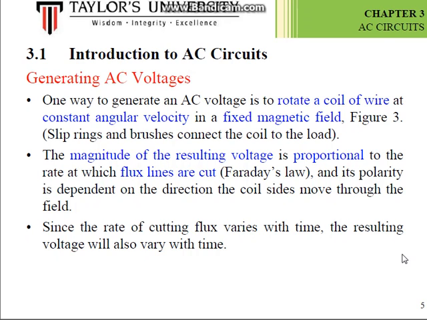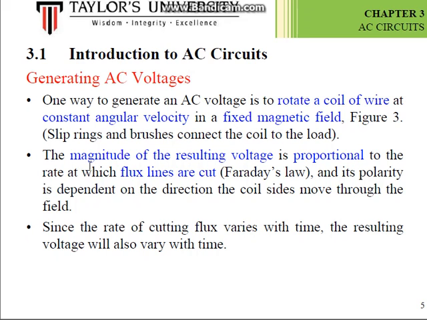One way of generating an AC voltage is by rotating a coil of wire. This would be a conductor on its own, at a constant angular velocity. It basically means that it's at a regular speed, but we call it velocity because it involves both magnitude and direction, in a fixed magnetic field.